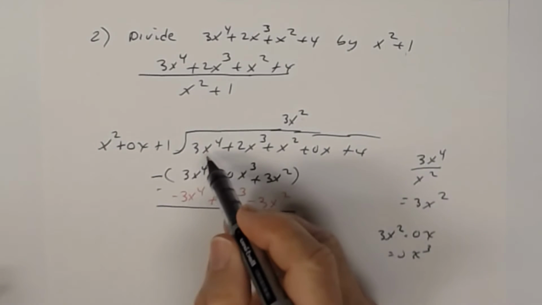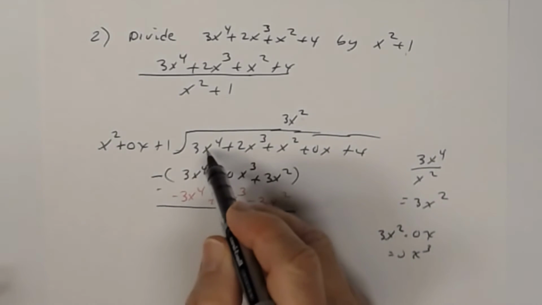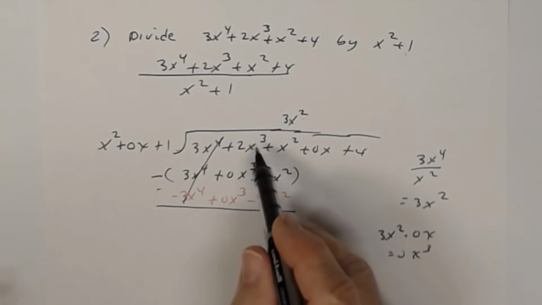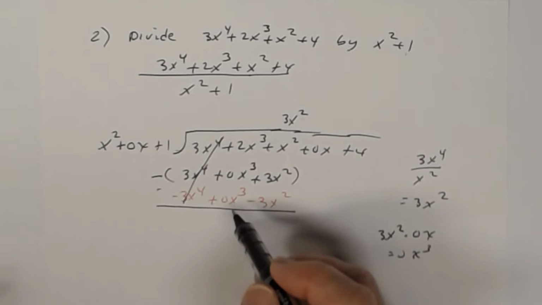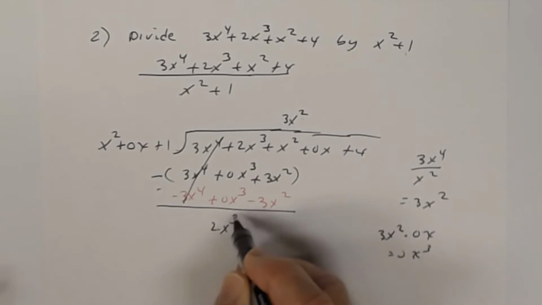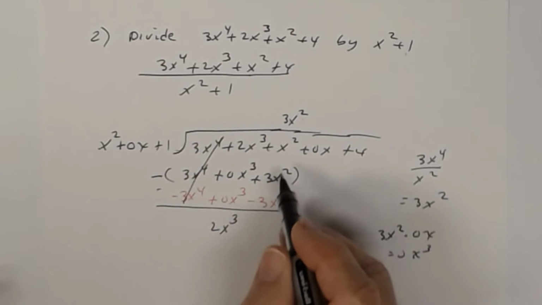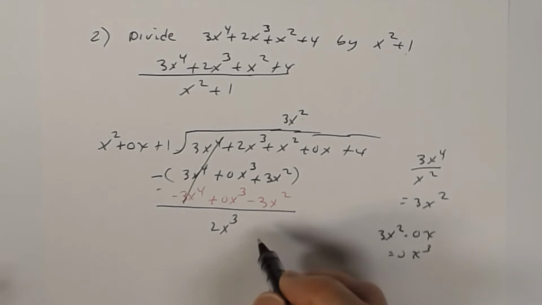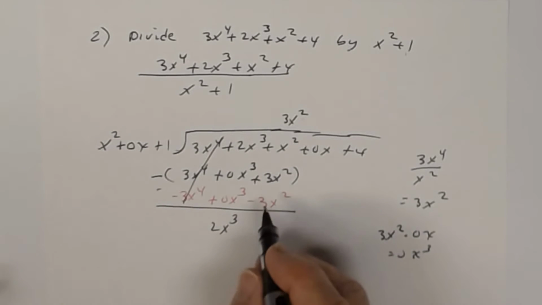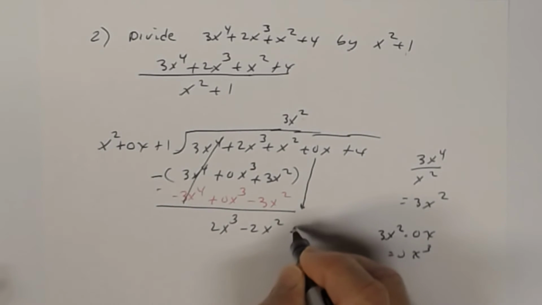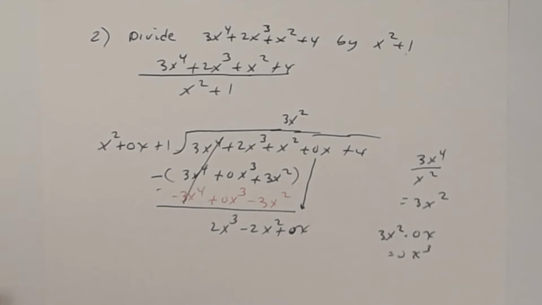And then notice that 3x to the fourth and a negative 3x to the fourth, that's 0. Remember, that's supposed to cancel out. 2x cubed and 0x cubed is 2x cubed. X squared and a negative 3x squared, 1 and a negative 3 is a negative 2, so that is a negative 2x squared. And then you bring down your next term, 0x, so plus 0x.